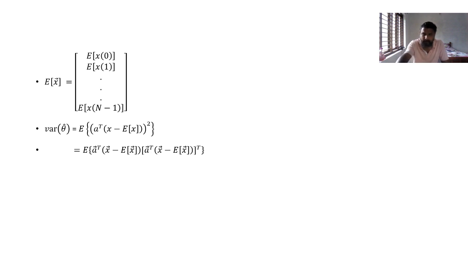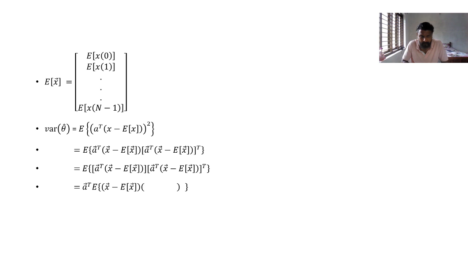So that changes to: I will bring A transpose outside, A transpose times the expectation of x minus expectation of x into x minus expectation of x transpose, times A, because A transpose transpose is A. The middle term, the expectation of x minus E of x into x minus expectation of x, the whole transpose, I will call C. That changes to A transpose C A, where C is called the covariance matrix.